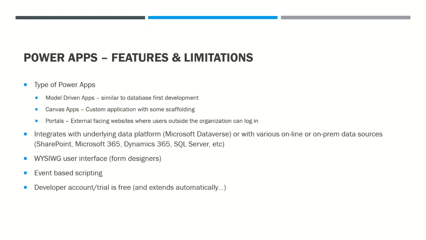So those apps are called portal applications. People outside the organization can log in and use your app. It also has licensing implications, but essentially you don't have to be in the same tenant to use a portal application. Okay, so these are the main three types of Power App applications available.